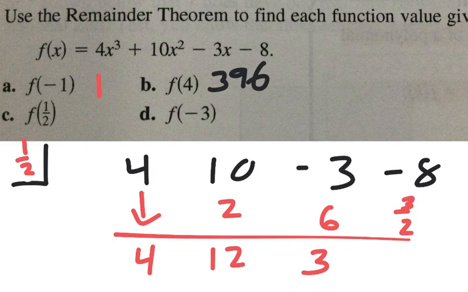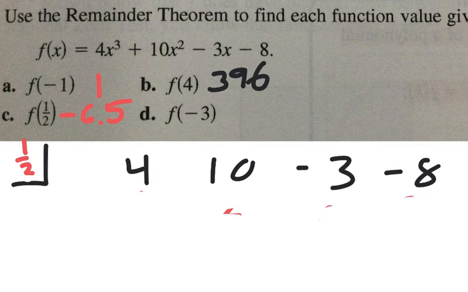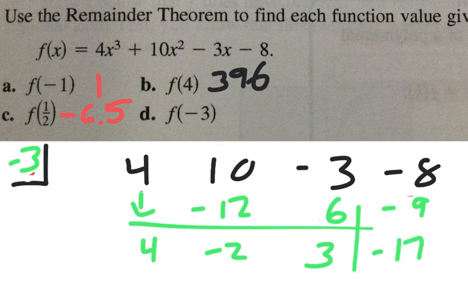That's 4. That's 2. I get negative 6.5 or negative 13 over 2. And if I plug in negative 3, I get negative 17.